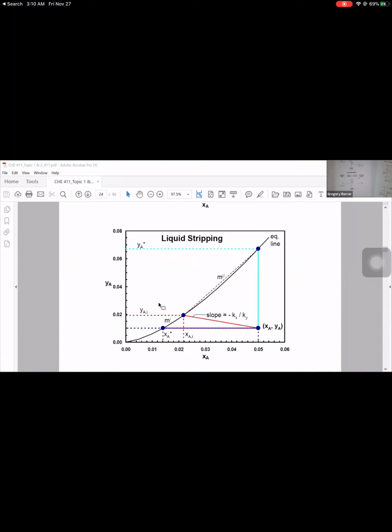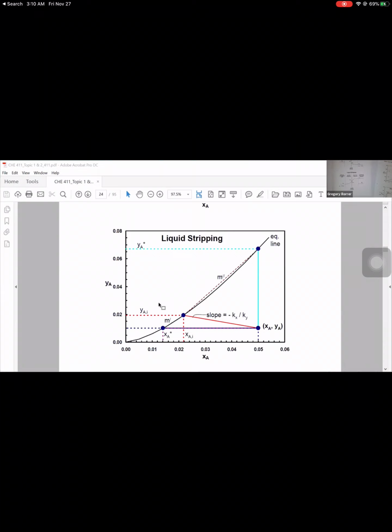And then beyond that, everything is described as before. So the good news is that whether we're working with gas absorption or liquid stripping, we can use the same set of relationships by convention, but it's not required. In gas absorption processes, we usually base all the calculations on the gas phase, whereas in liquid stripping processes, we base all the calculations on the liquid phase.